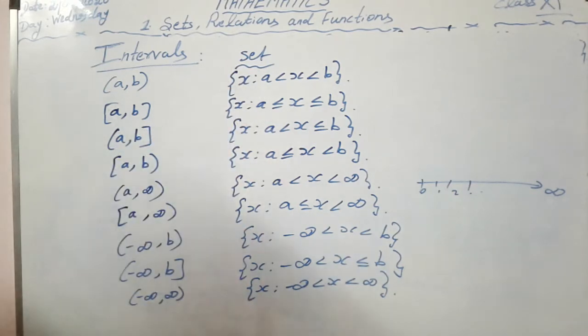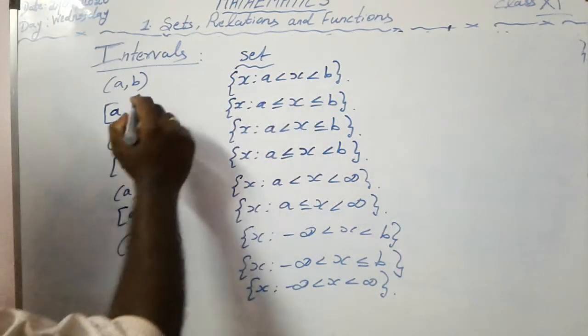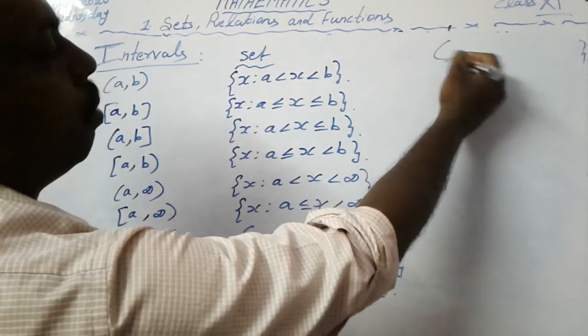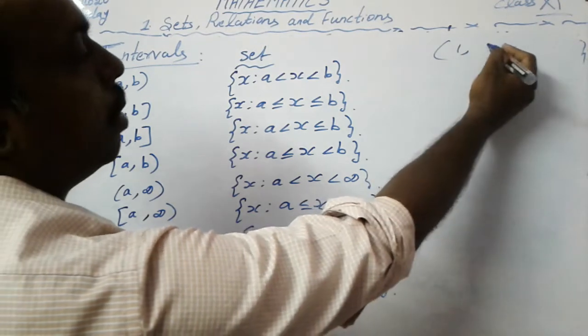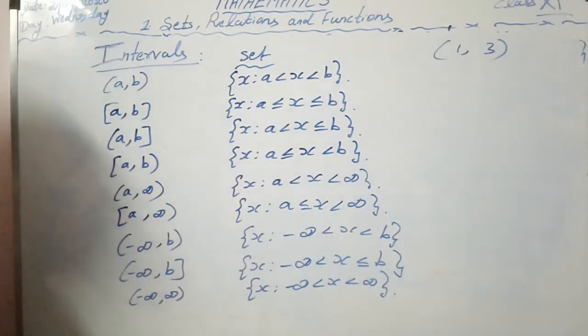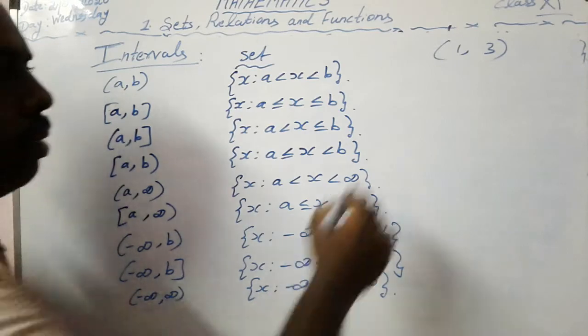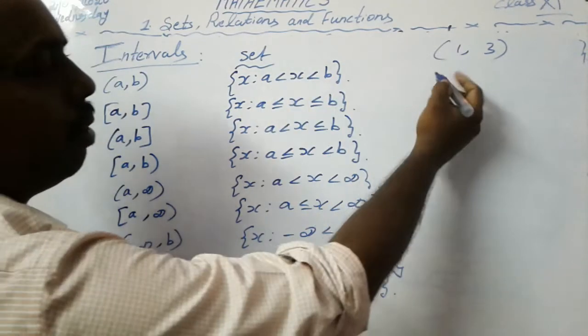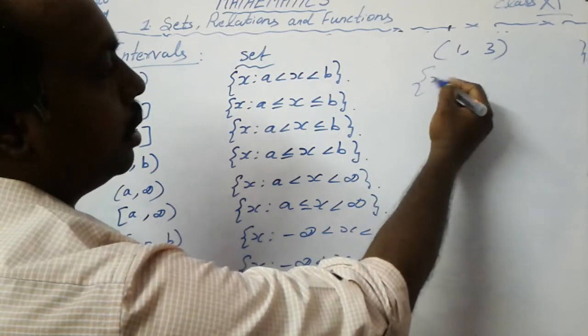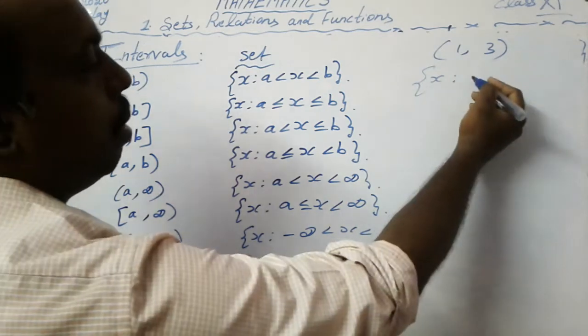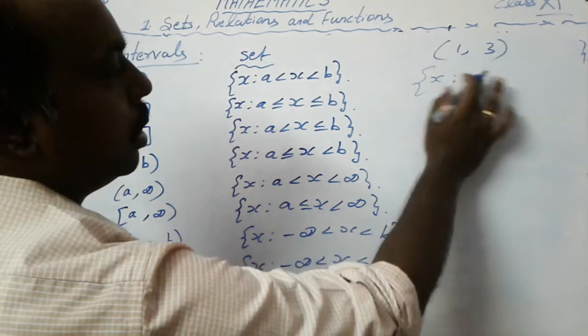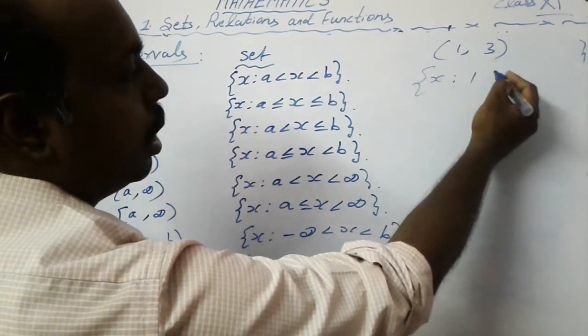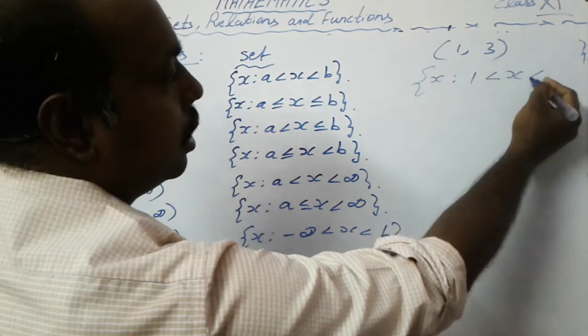Like that we can write. For example, if I give some examples, you can understand. If I take open bracket 1, 3, how will you write it as a set notation? In set brackets, how will you write? X such that 1 less than x less than 3.